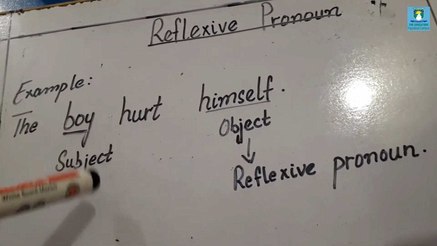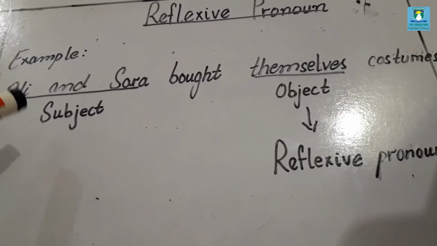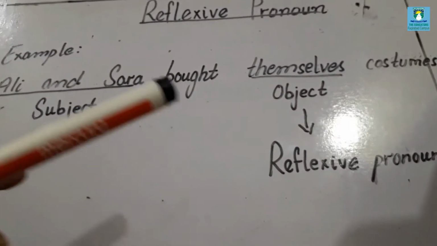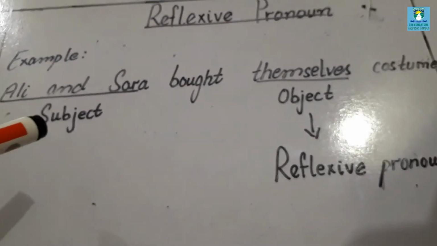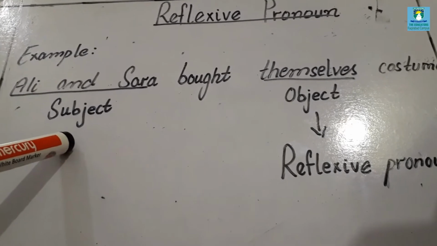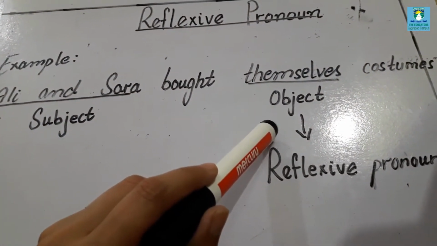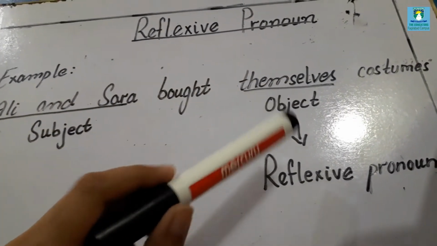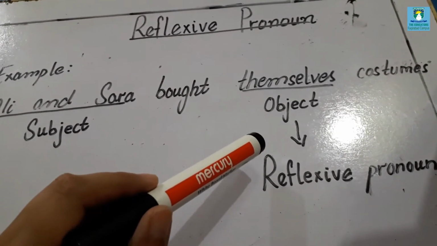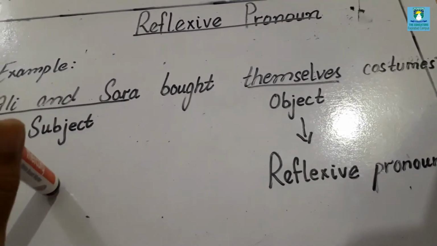Let me give you another example. The second example says, Ali and Sarah bought themselves costumes. In this sentence, Ali and Sarah is the subject, okay? Themselves is the object. Understand? So, themselves is a reflexive pronoun because it refers that both the subject and object refer to the same person.